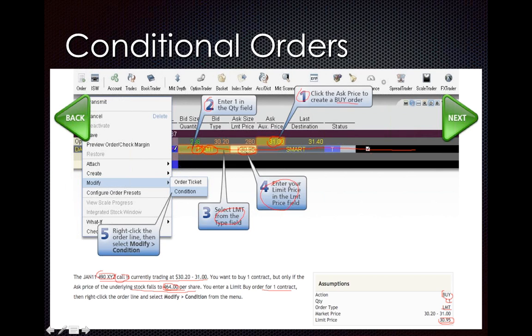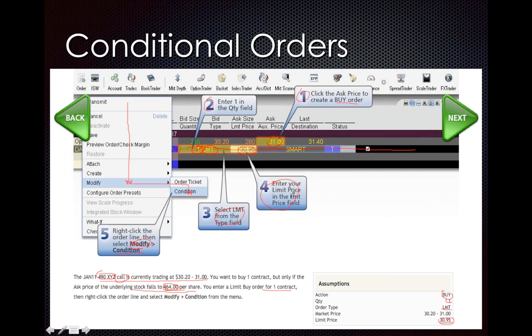Number 5, you are selecting this line, and then by right-clicking on the order line, you choose modify condition. You see modify condition. And then you go through the menu to the point where it says modify. So you go right, and then you select conditions. So again, buy, quantity, limit.